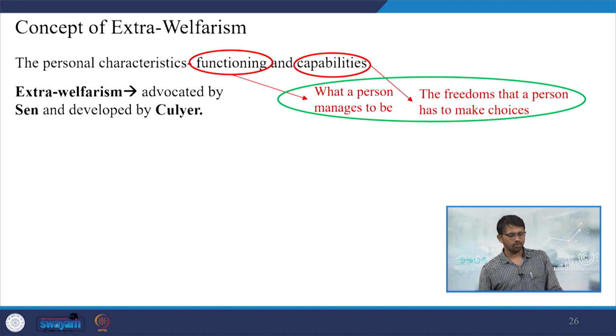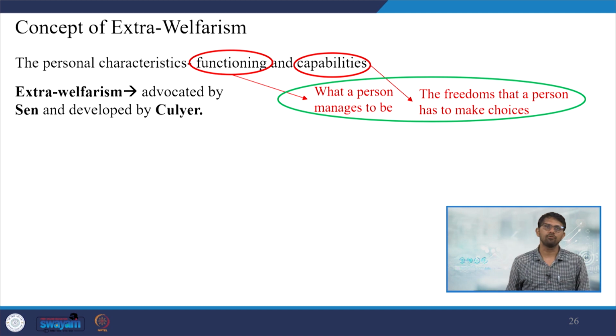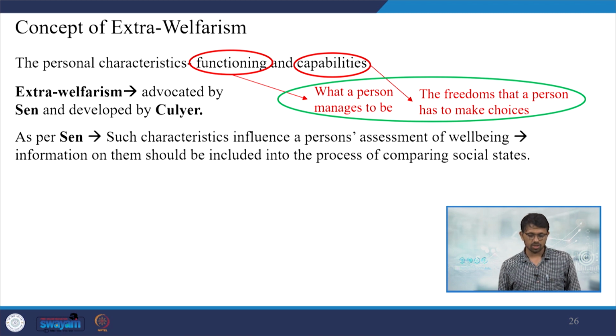So, extra-welfarism is a concept advocated by Professor Sen and developed by Culyer. As per Sen, the characteristics that influence a person's assessment of well-being, and information on them, should be included in the process of comparing social states.